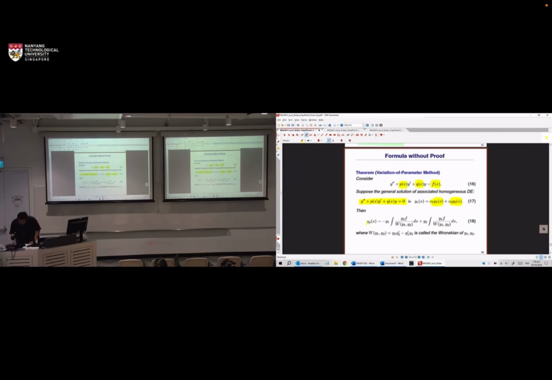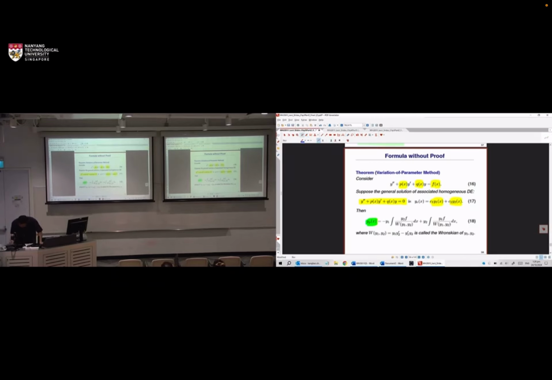Your particular solution is always the toughest to get. Now there is a concrete formula. It's only one line and looks very simple, but this part is complicated, then you have to do integration. This part is also complicated and you have to do integration. So not worth it.